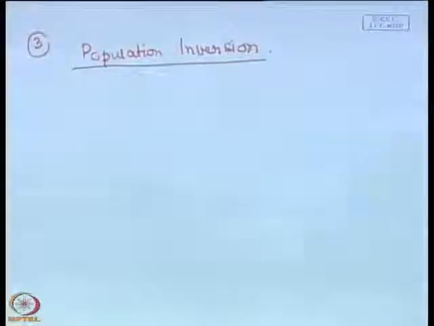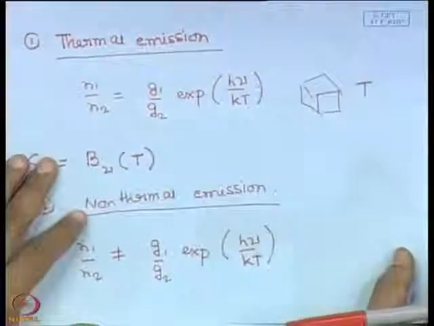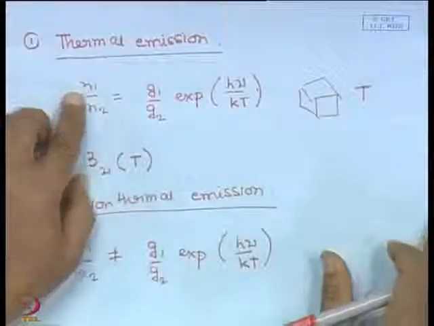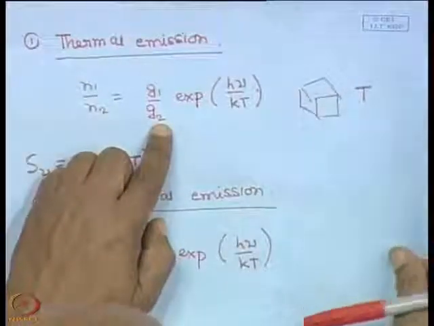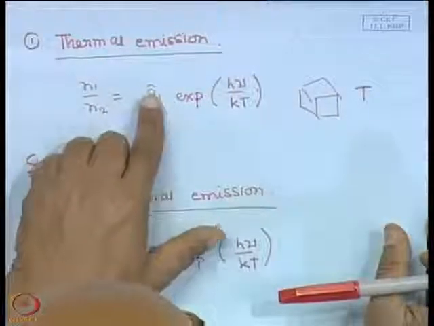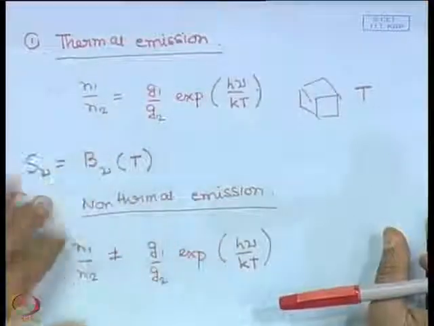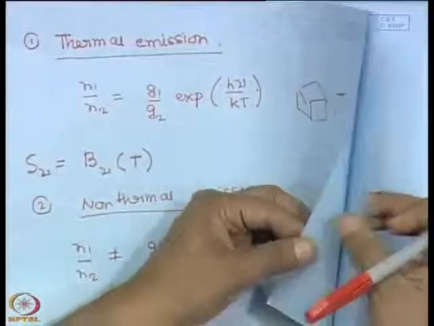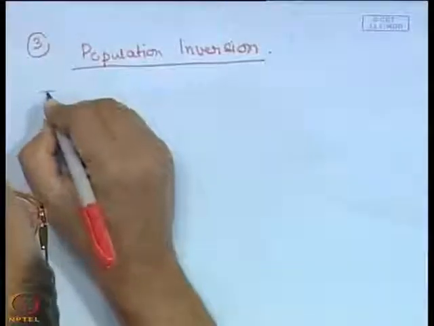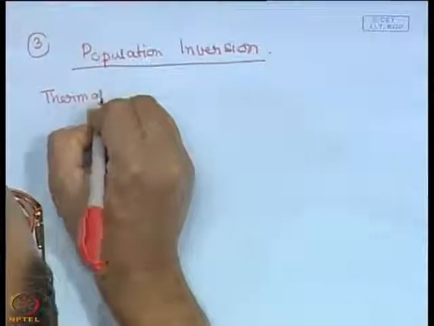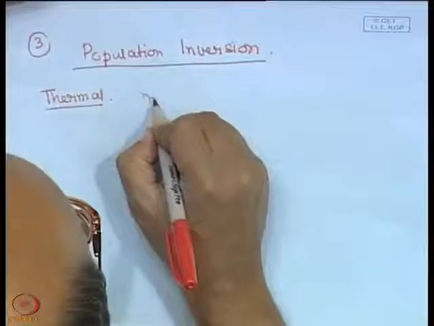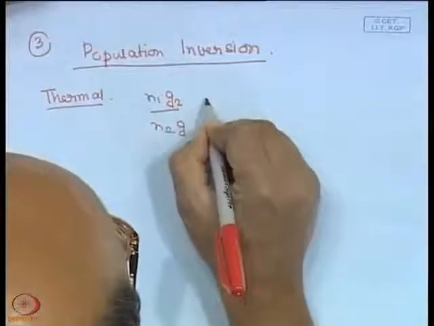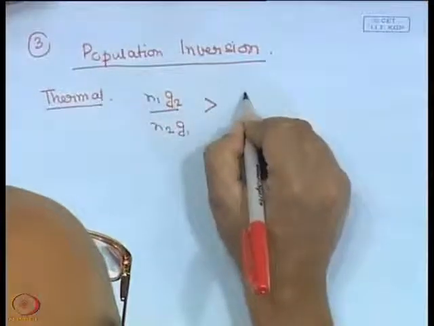Now, in thermal equilibrium, the ratio N1 G2 by N2 G1 is always greater than 1.